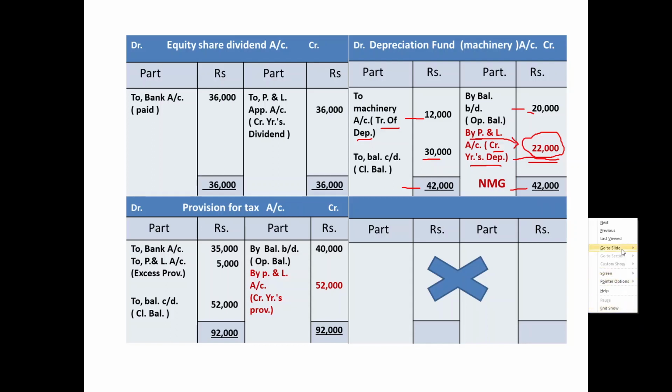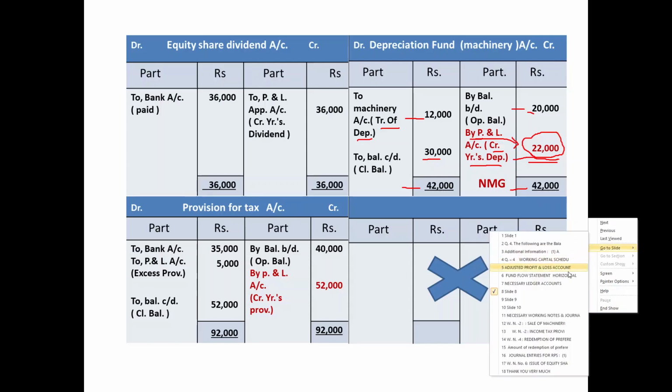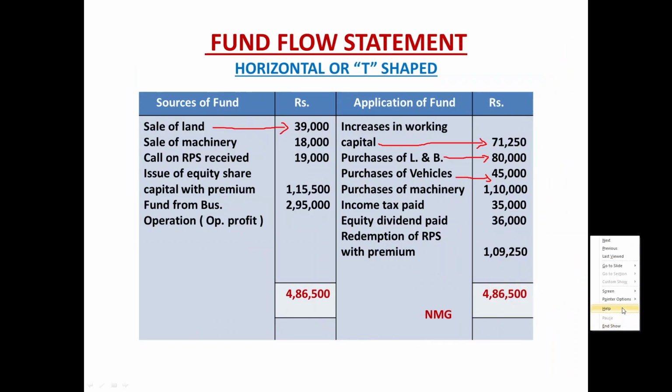So total 2 items in the fund flow statement and 2 in the adjusted profit and loss account. Let us report it. Purchases of machinery 1,10,000, while sale of machinery 18,000. These 2 items in the fund flow statement related with machinery.